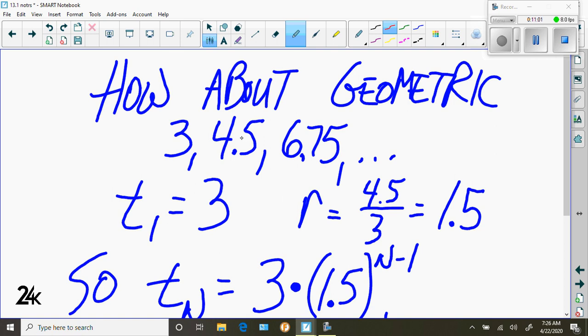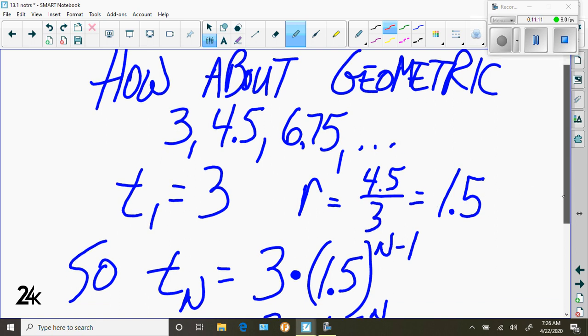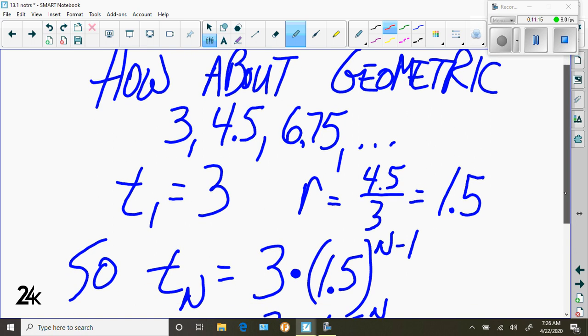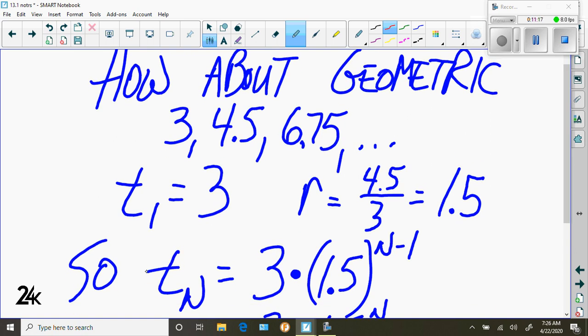All you do is take the second term divided by the first term. So 4.5 divided by 3 is 1.5. And so that means that the equation we would use for this would be first term times r to the n minus 1.